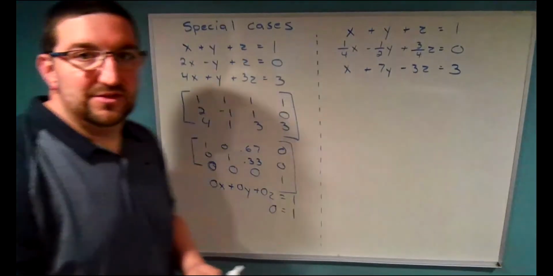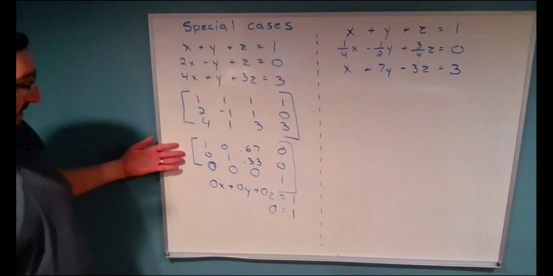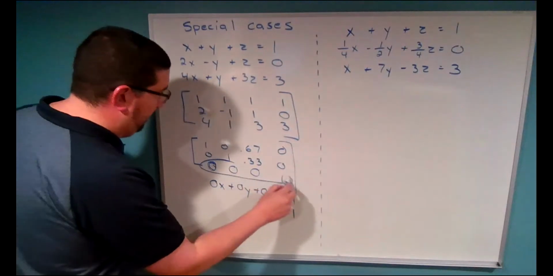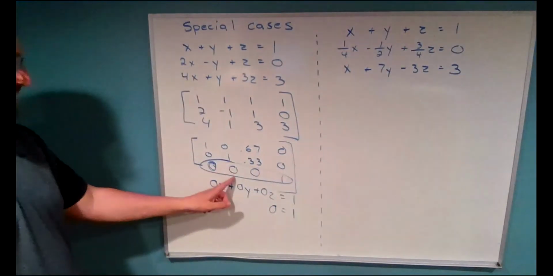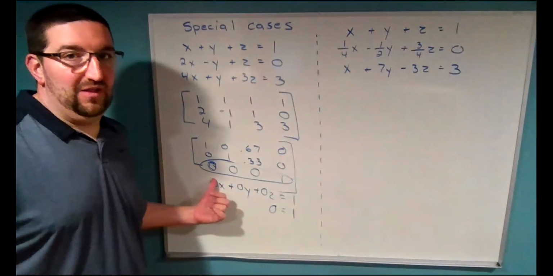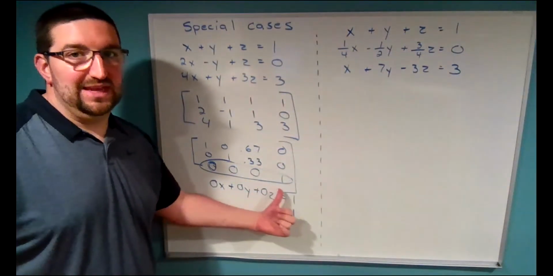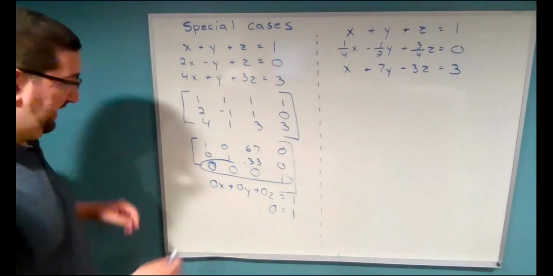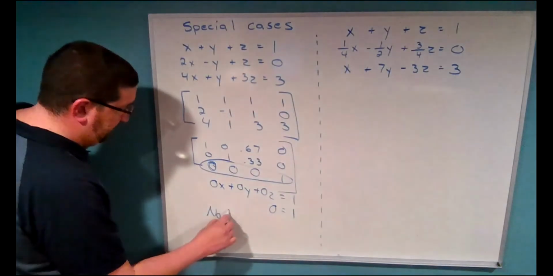All right, so this is what I got out of my calculator. This last row of 0, 0, 0, 1. When we have a last row with all zeros and then a nonzero value over here, that means that we're going to end up with no solutions.